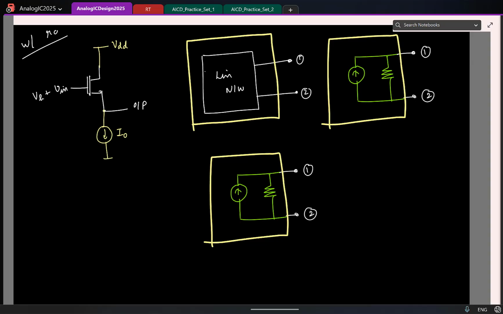This is my network. I basically go and short the terminals, which means the entire current flows here. Whatever current you measure when you short the terminals is the short circuit current, the Norton current. That's why I'll call this the short circuit current. That is essentially a Norton current, nothing fancy.